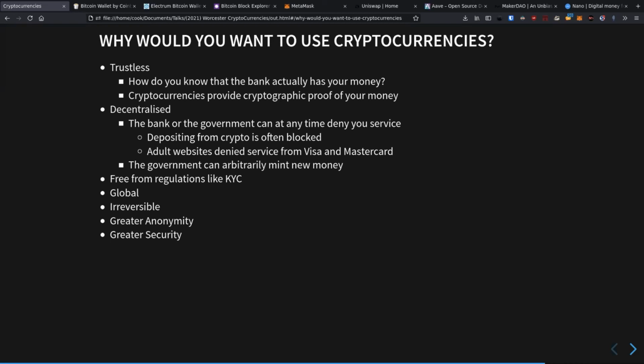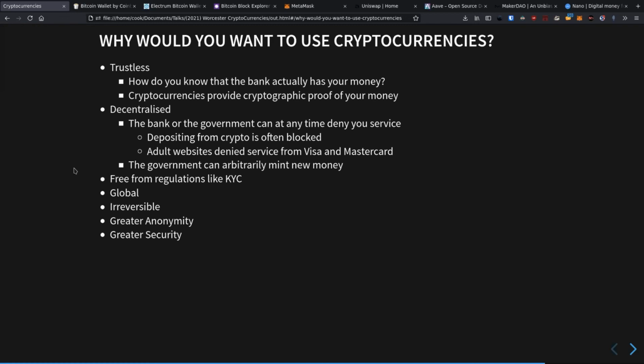For example, a lot of banks don't allow you to deposit any money which comes from a cryptocurrency exchange. So they essentially block you from selling your crypto. And adult websites have been denied service from Visa and MasterCard. So there's a risk that your business could be completely disrupted by just the government or a bank refusing you access, which can't happen with cryptocurrencies.